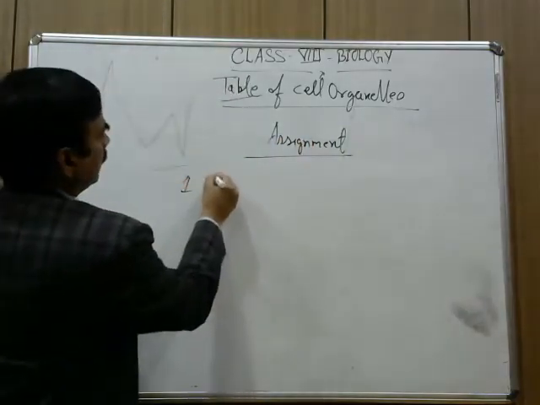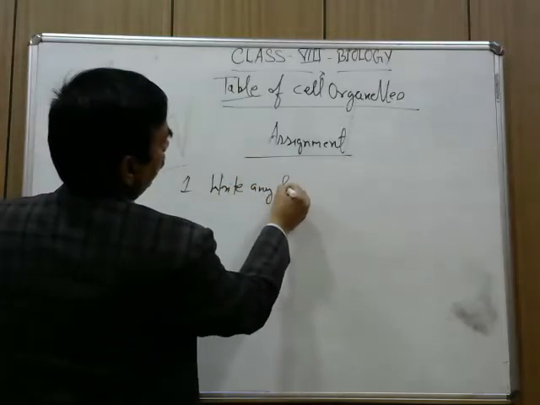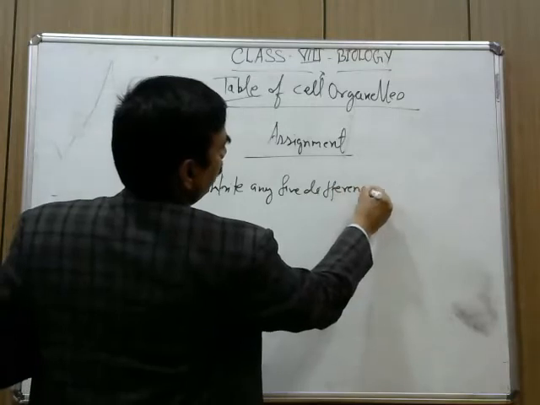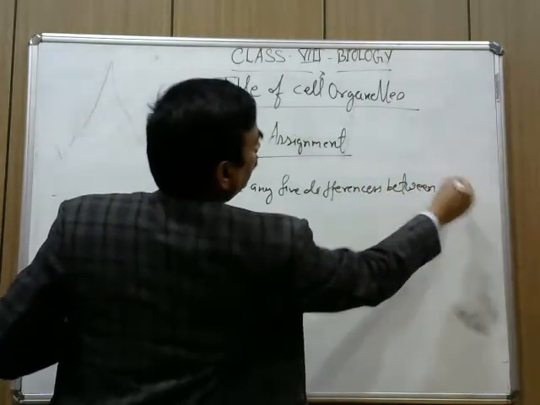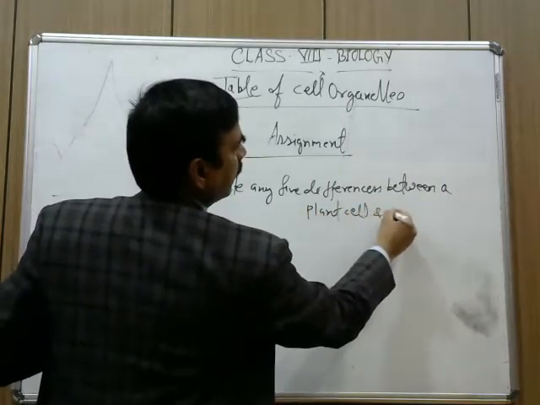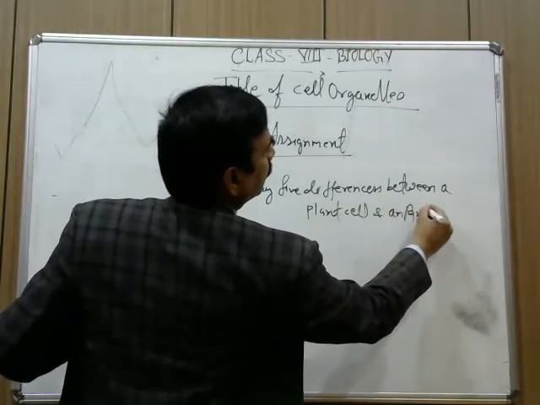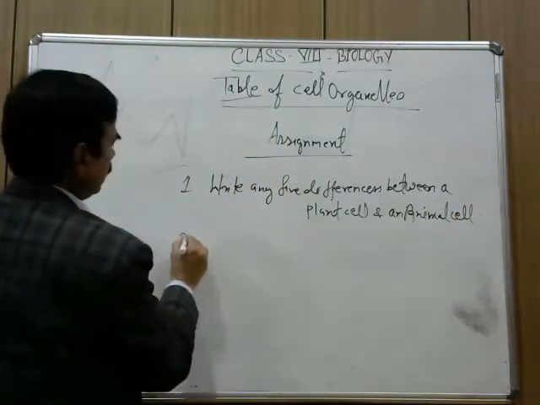Number 1. Write any 5 differences between a plant cell and an animal cell. Number 2.